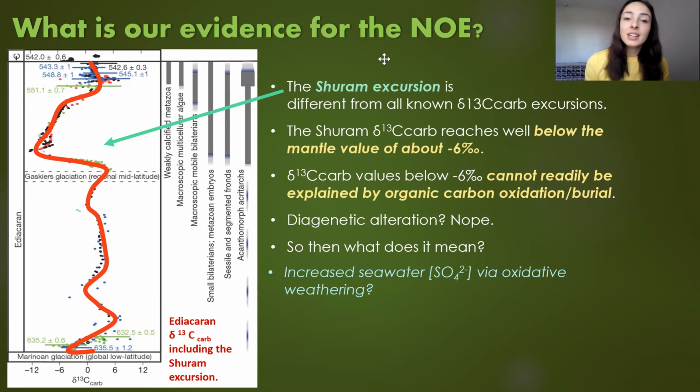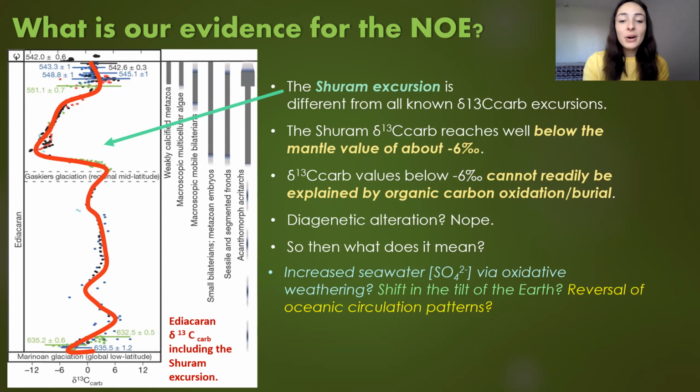Well, there's a few thoughts, such as increased seawater sulfate during this time via oxidative weathering, or a shift in the tilt of the Earth could have affected these carbon isotopes, or reversal of oceanic circulation patterns, or global oceanic overturning, but we just don't know yet.